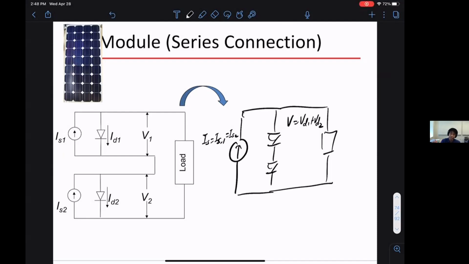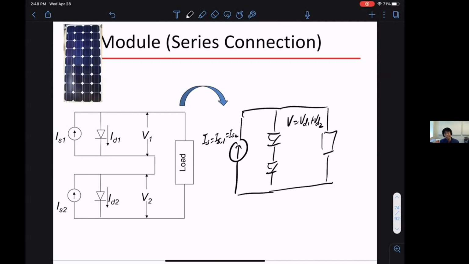We're going to assume that things are perfect: current sources in series all generate the exact same current. But in practice, when you design a module, a lot of electronics goes in to handle shading, or one panel getting dirty while another is relatively clean. There's a lot of balancing you have to do.